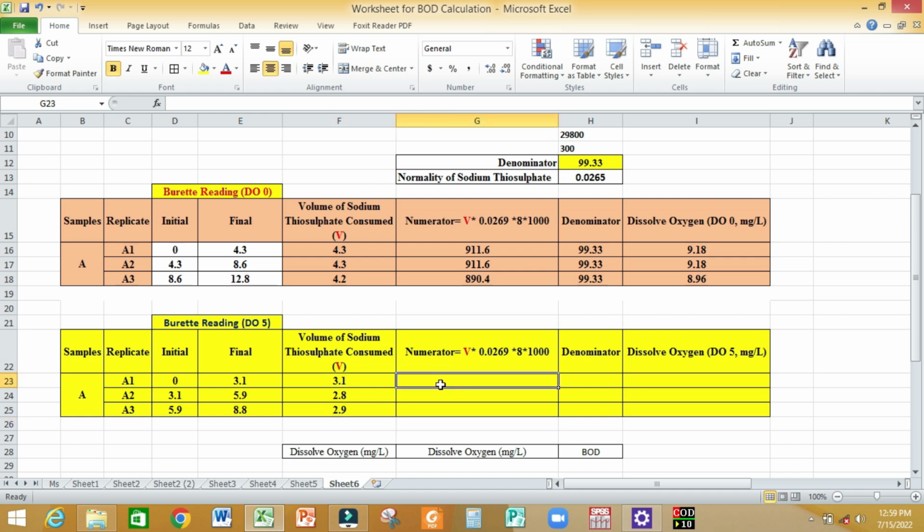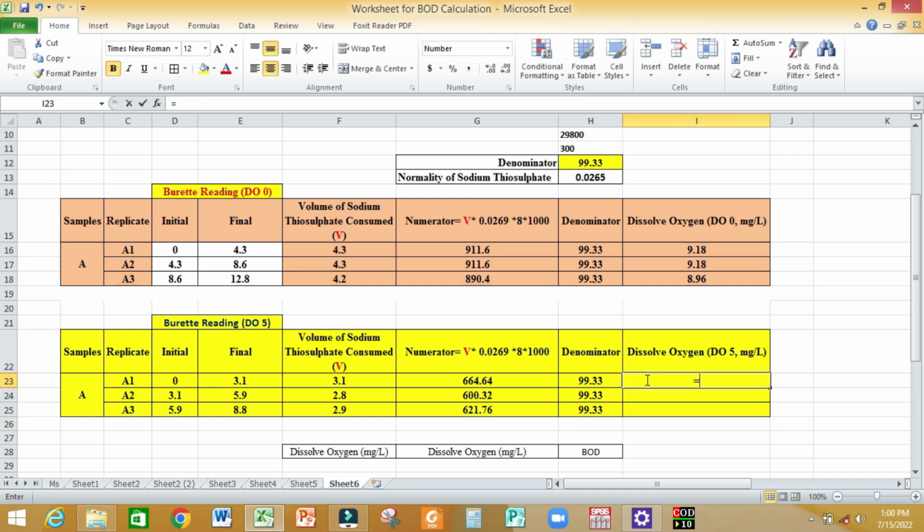And now let's calculate the numerator part of the formula, which is equal to 3.1 into 0.0269 into 8 into 1000. In the same way, just drag for replicates 2 and 3. And the denominator is 99.33 for all.